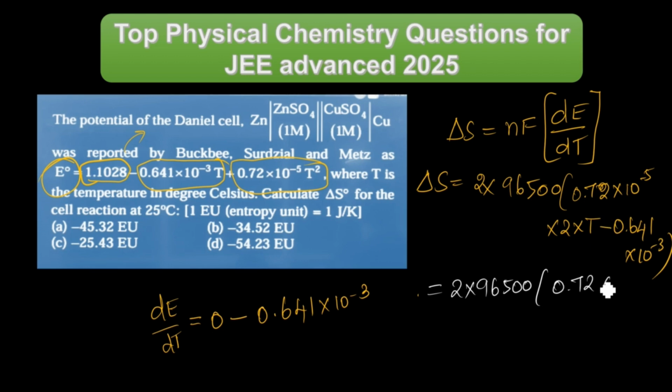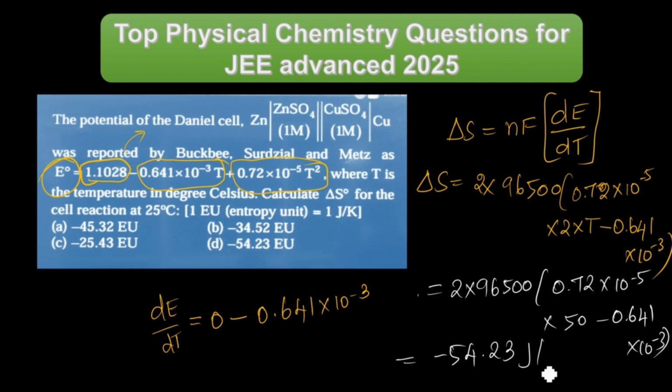So 0.72 into 10 to the power minus 5 into 2 into 25 minus 6.641 into 10 to the power minus 3. While solving this, I'm getting minus 54.23 joule per Kelvin. They are asking it in entropy units, 1 entropy unit is equal to 1 joule per Kelvin. So that will be the same as our answer, option D. So option D is the right answer to this question.